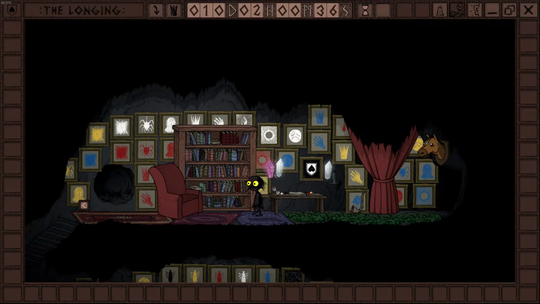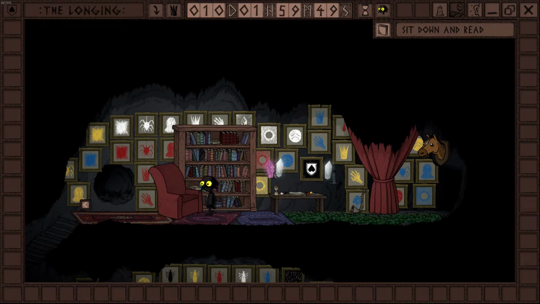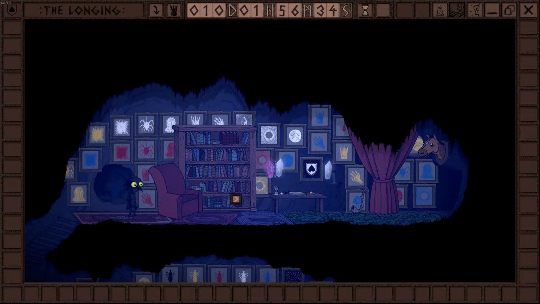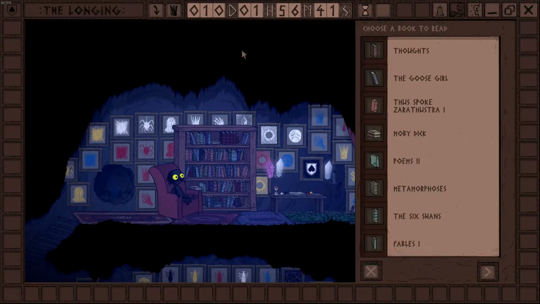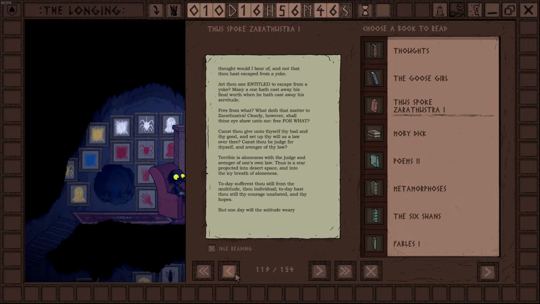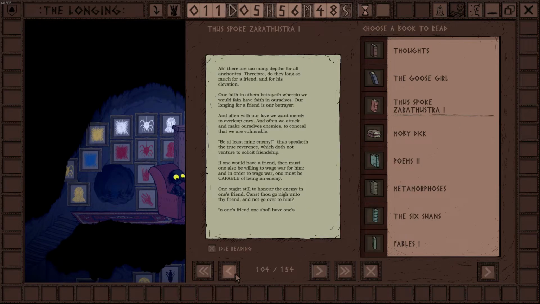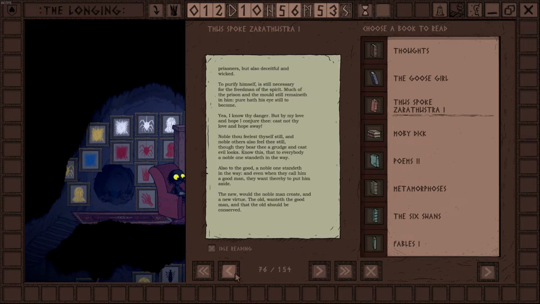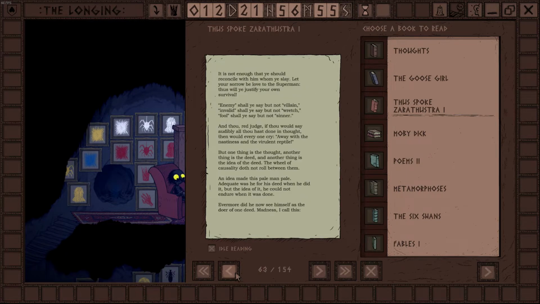Right. So, let's give ourselves a little bit more time. Make a fire, make a blue fire out of lapis lazuli. And let's skim through Thus Spoke Zarathustra backwards very quickly as we regain lost time and forestall the wakening of the king.